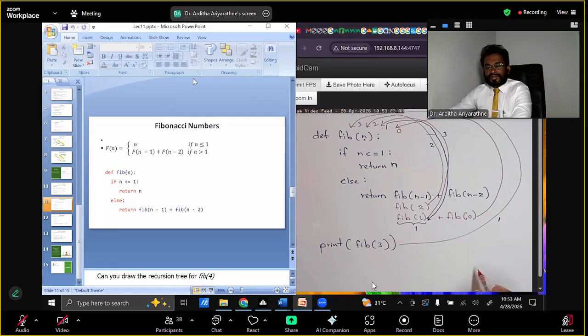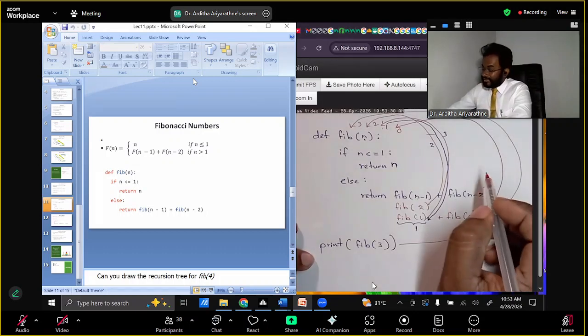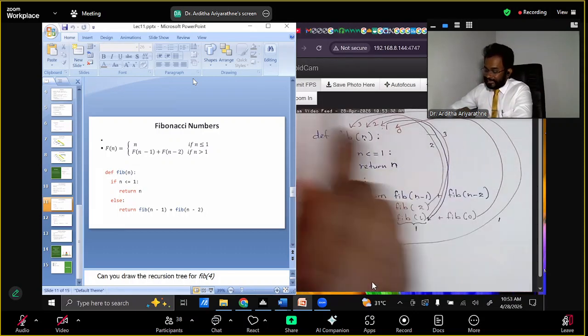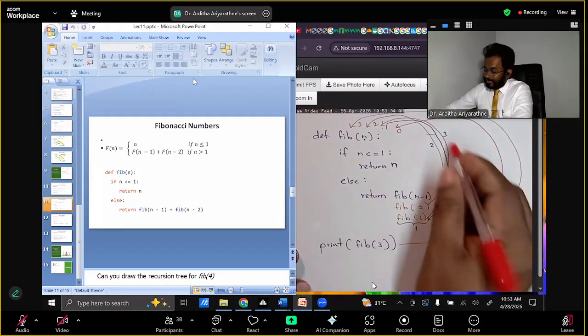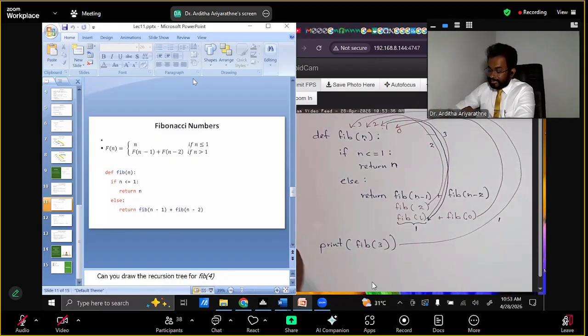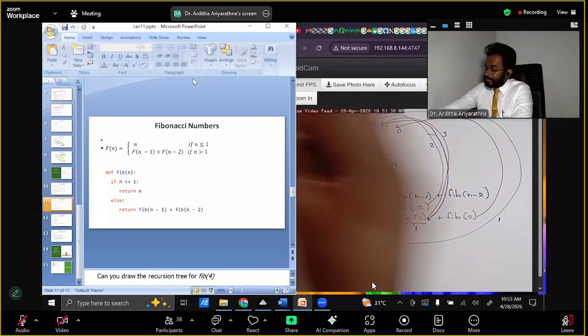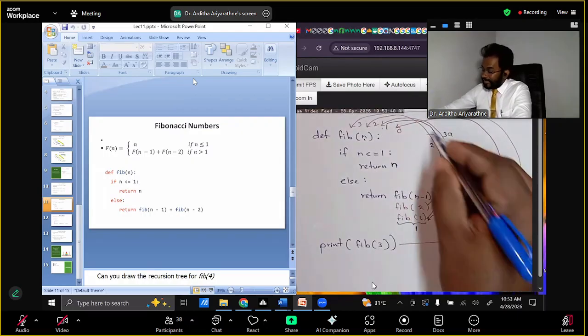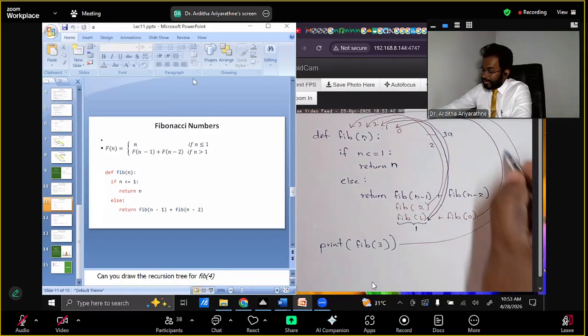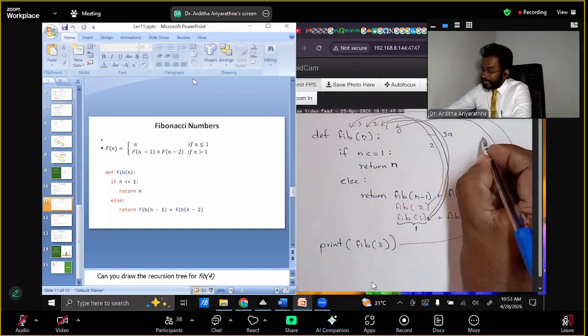I am naming this one as the third one, part A is returned. This is 3A, 3A is returned. But in the third round we are calling another one. This is 3B.